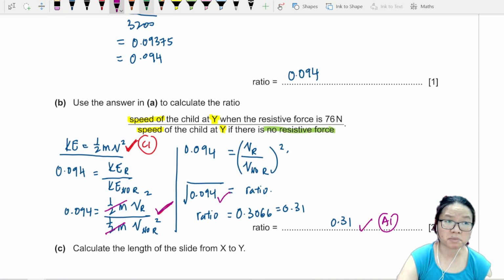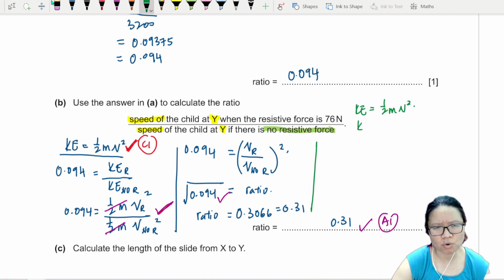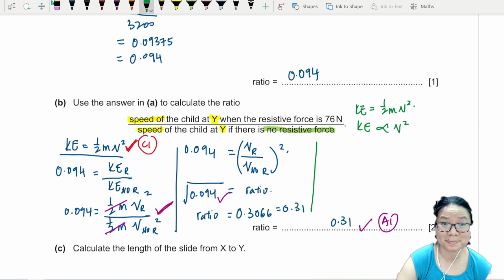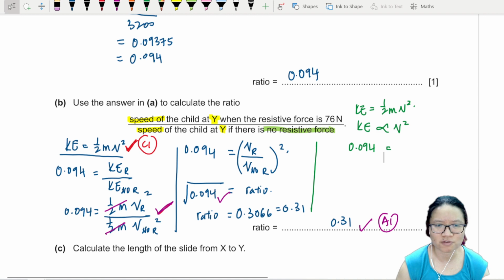Of course, you could simplify your answer a bit. If you are my kind of student, you will think, teacher, KE is half mv squared. Same child, same child. So KE is proportional to v squared. Which means the KE ratio 0.094 is equal to the ratio of velocity squared.